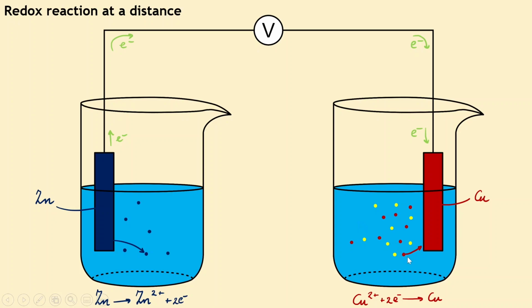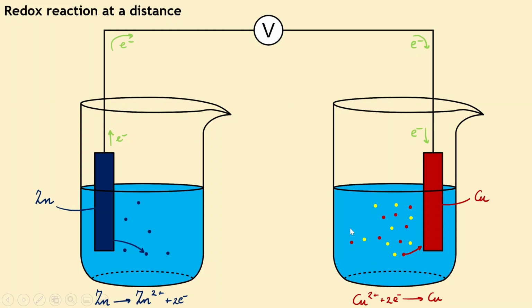The copper ions go out of solution, and the negatively charged sulfate ions remain in the solution. So this solution will become negatively charged by the sulfate ions, and the negatively charged electrons cannot move to a negatively charged solution. So we have to try to balance the electrical charges in the beakers.